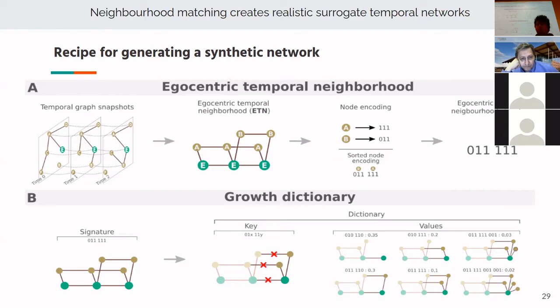I mean, this one is just an example. But for instance, in this case, maybe the probability that the interaction is shorter is high, because you already have an interaction of 2 time steps, and maybe there is a high probability that it ends. Okay, once you have the dictionary.